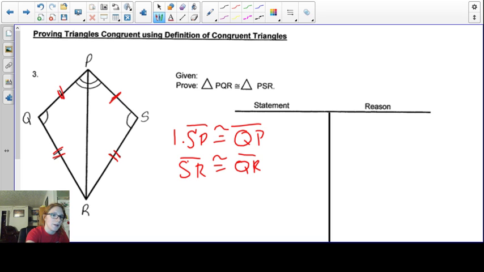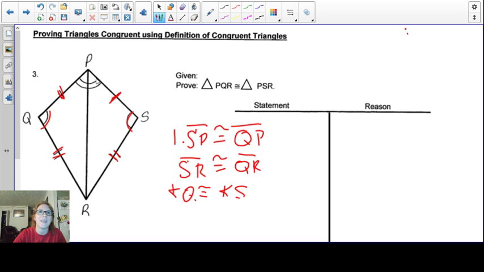Well, I have some congruent angles. So angle Q is congruent to angle S. Now, angles are a little tricky. I only need to use one letter if that's clearly the only angle there.